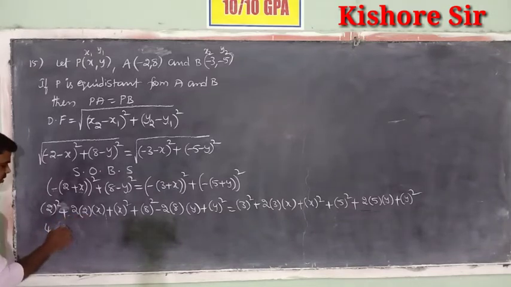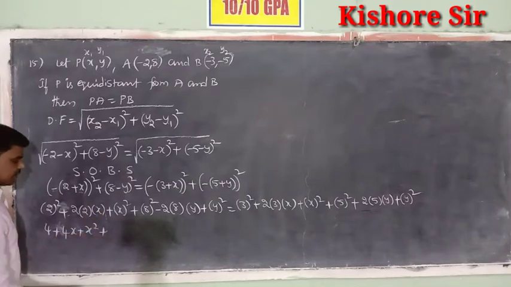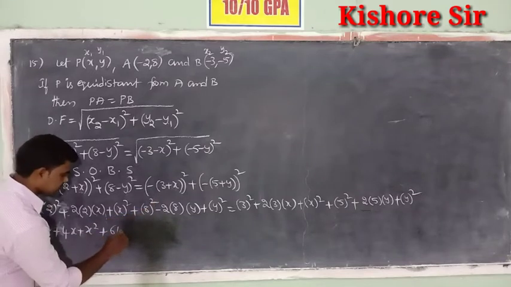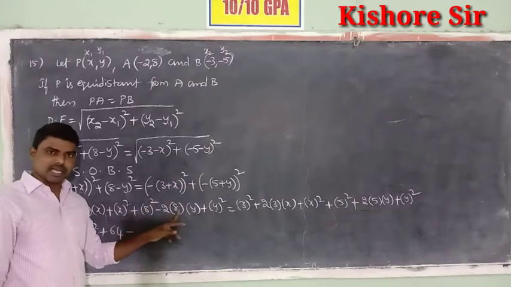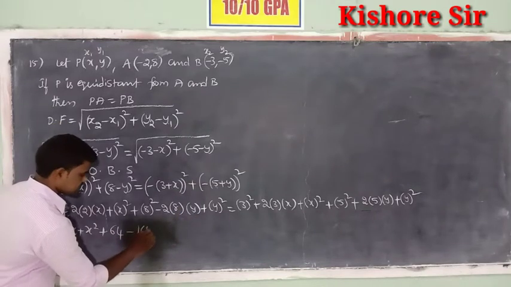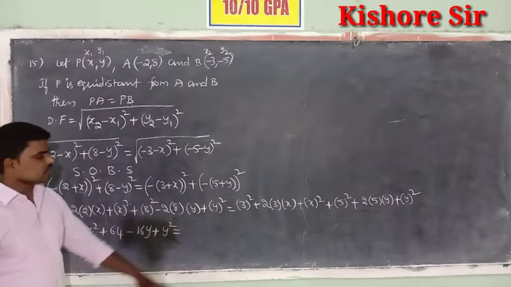4 into x, 4x, plus x square, plus 8 square. 8 into 8 is 64, minus 2 8s are 16, 16 into y, 16y, plus y square, that is equal to 3 square.